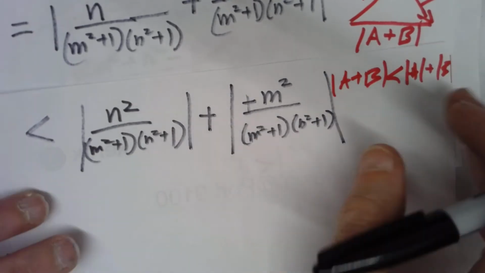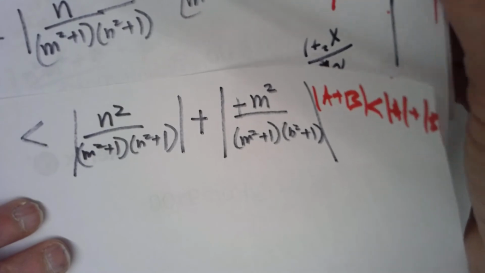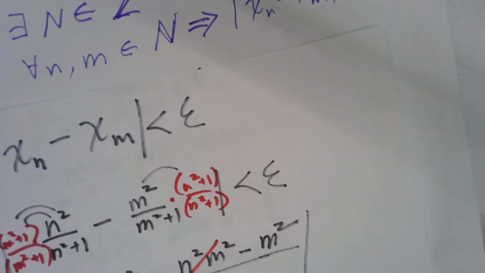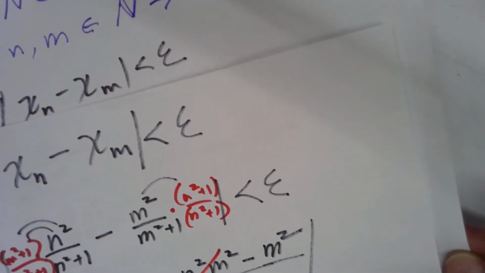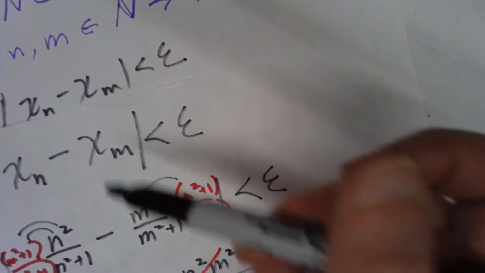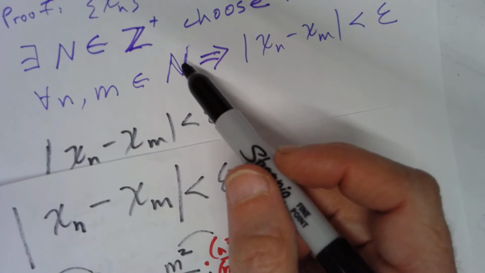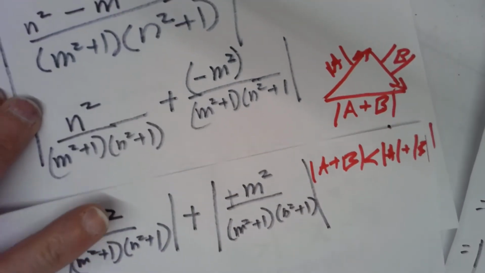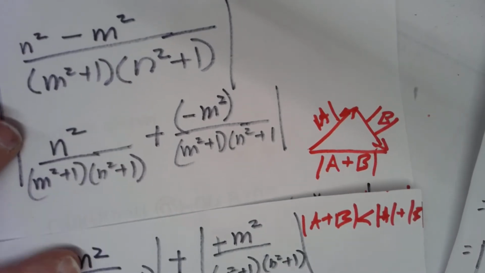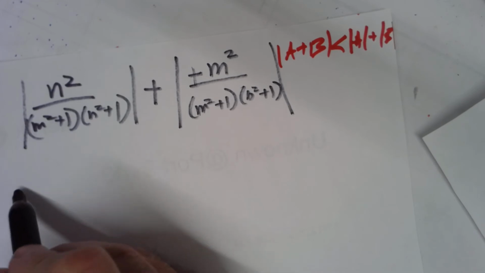And since n and m are elements of the natural numbers, they're positive, so we can go ahead and drop the absolute value.